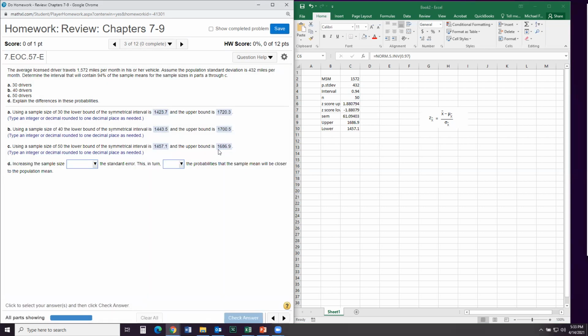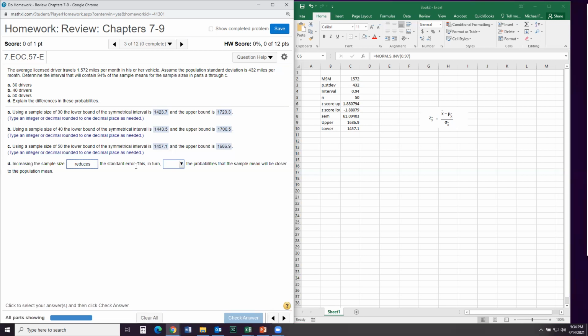And then it says explain the difference in these probabilities. So increasing the sample size, blank, the standard error. We didn't look at that, but let's just go back to 30. Look at our standard error, which is 78. Then when we go to 40, it goes to 68. Then when we go to 50, it goes to 61. So increasing the sample size decreases the standard error.